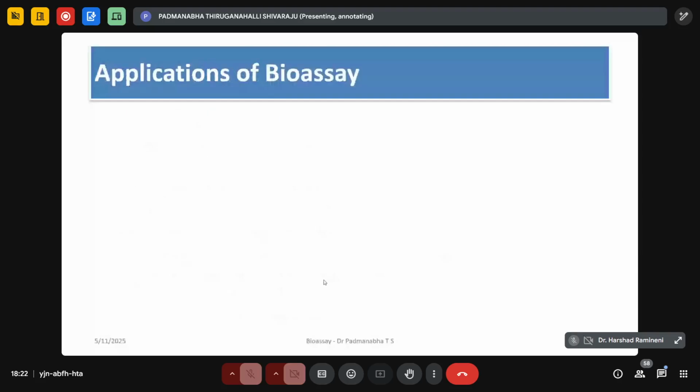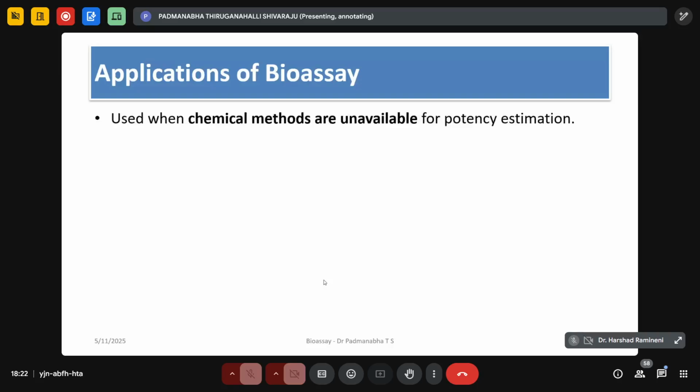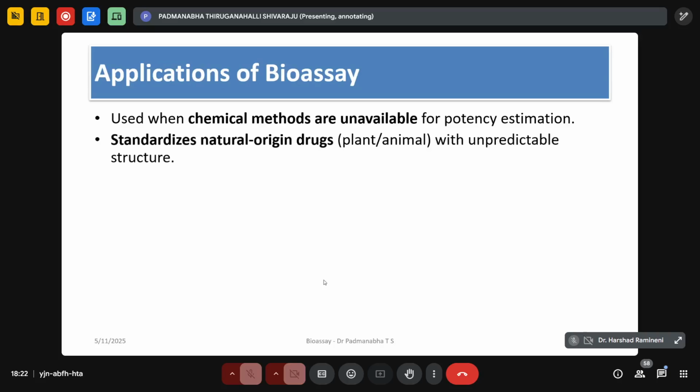So where can we apply this bioassay? When we are done with the bioassay, what is the end result of this bioassay? It can be used when chemical methods are unavailable for estimation of the potency or the amount of the drug. So you can standardize natural origin drugs which are derived from plants and animals with unpredictable structure.